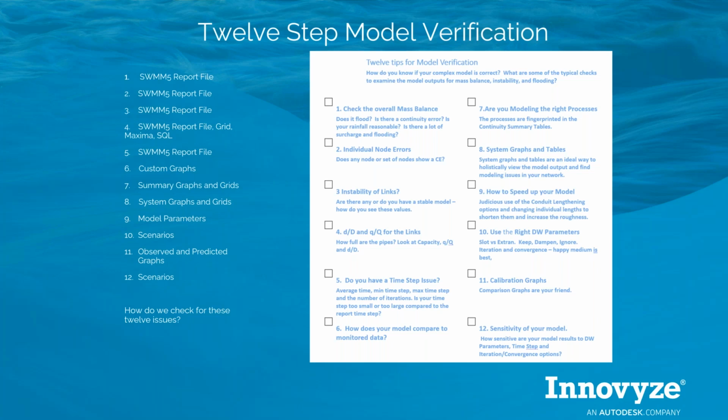And calibration graphs I mentioned already, but basically it allows you to see if you have a pretty decent model based on some other data. And then model sensitivity, there's really neat tools inside of InfoWorks ICM GUI that allow you to have a lot of different scenarios, compare those scenarios in different model runs, so you can see the effect of a time step, iteration, convergence options, etc., to make sure you have a better model.